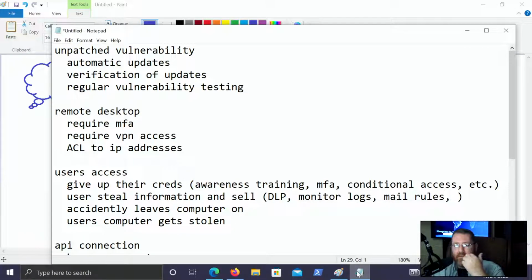On unpatched vulnerabilities, make sure the automatic updates are going on, make sure you have a verification of those updates, and do regular vulnerability testing, require MFA. So, here's what we did. We sat down, we did a risk assessment. We came up with a whole bunch of vulnerabilities in our heads.